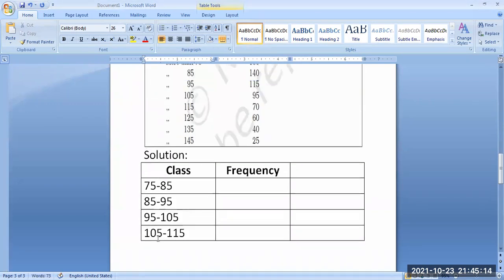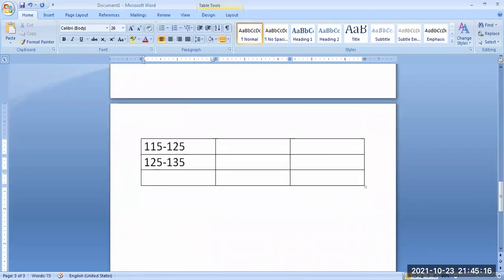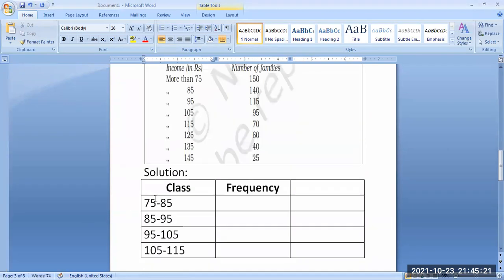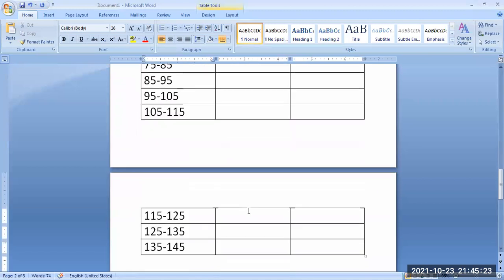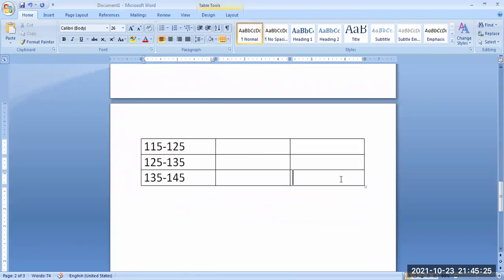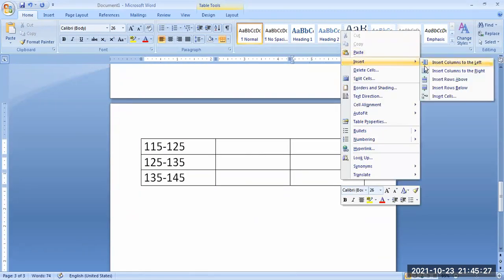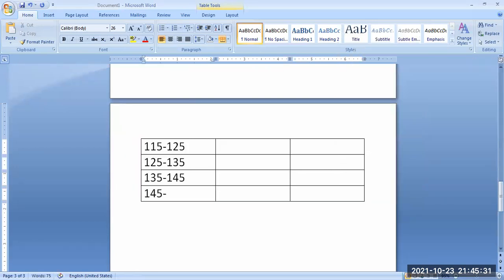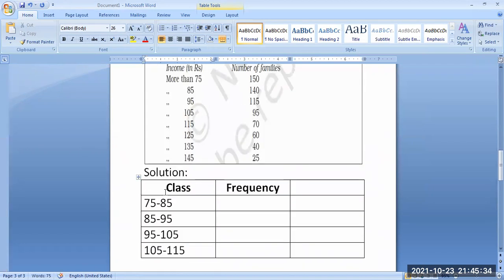Then what is the maximum? Up to 145 it is there, and more than 145 is also there. So we have to take up to 155.